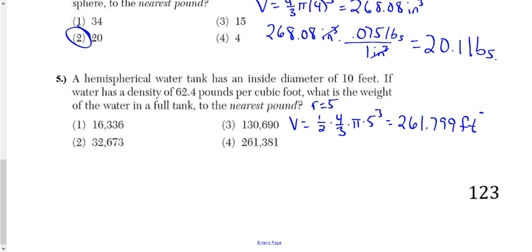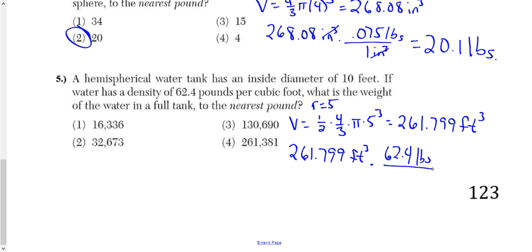Cubic feet. And now we need to convert those cubic feet to pounds. What ratio do we multiply by? Pounds over cubic feet.